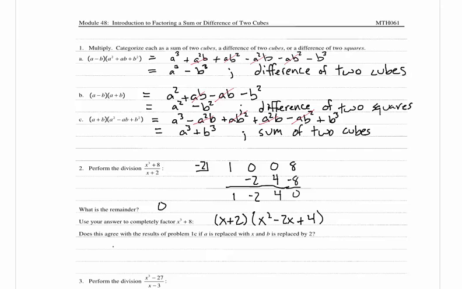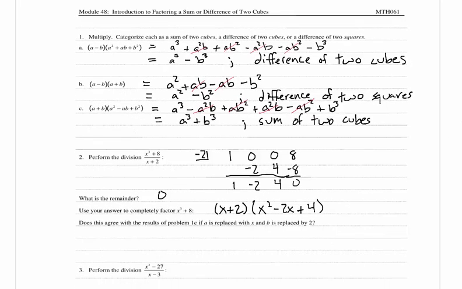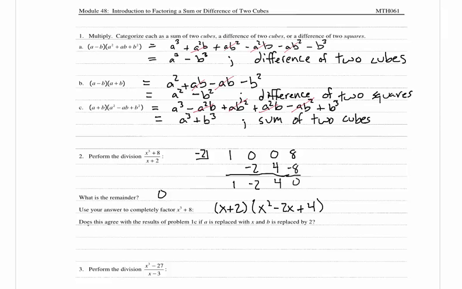And then it asks, does this agree with the results from 1C if a is replaced with x and b is replaced by 2? So in 1C, we have a cubed plus b cubed is equal to a plus b times a squared minus ab plus b squared.